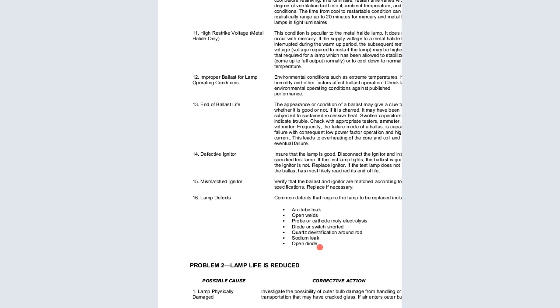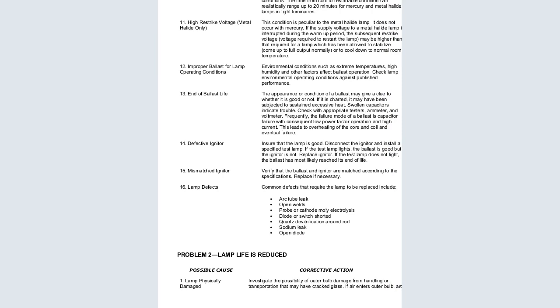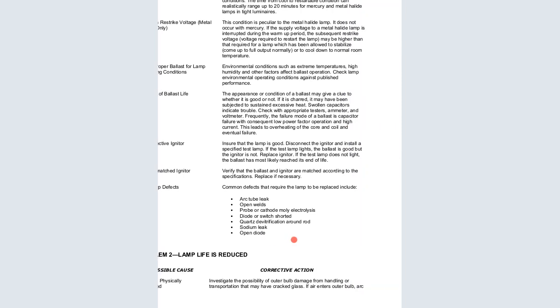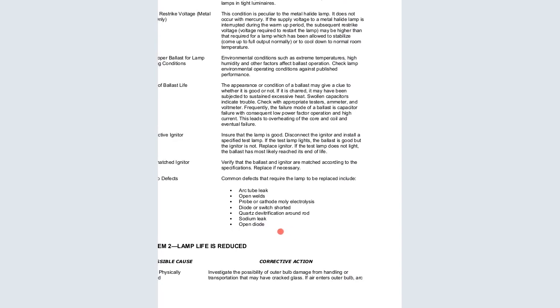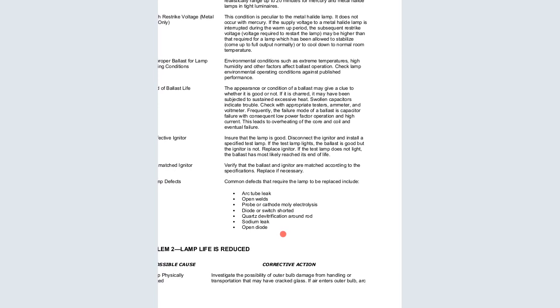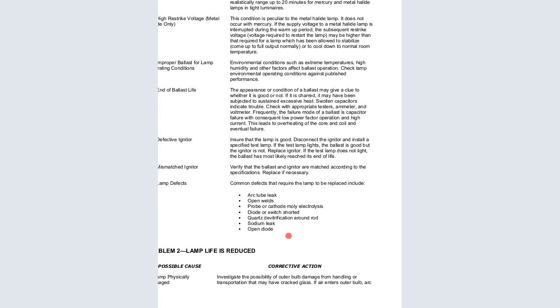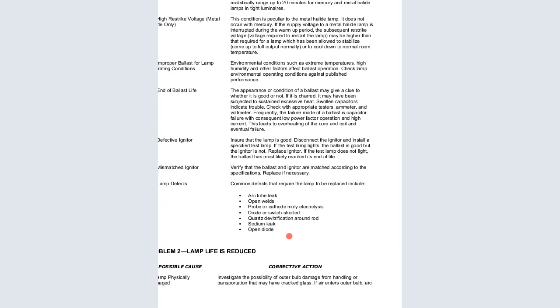Another problem can be that there is a defective igniter. Maybe the igniter is defective. So ensure that the lamp is good. That is a corrective measure that can be done. Ensure that the lamp is good, disconnect the igniter and install a specified test lamp. If the test lamp lights, then the ballast is good, but the igniter is not. So replace the igniter.